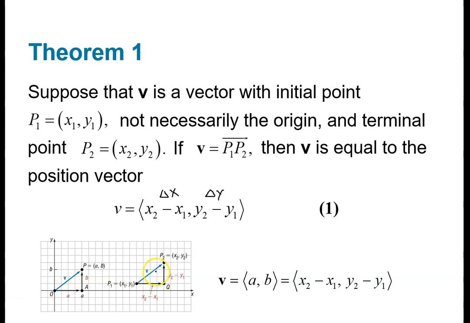I can pick this thing up, stick it back down at the origin, and now I terminate at point AB rather than x1, y1 moving to x2, y2. It'd be the same thing as the origin moving to point AB. They're the same vector. So a lot of times we pick vectors up that are in space and move them back to the origin to give them their name, just to make it a little easier.